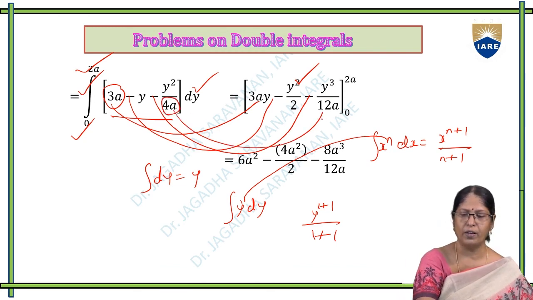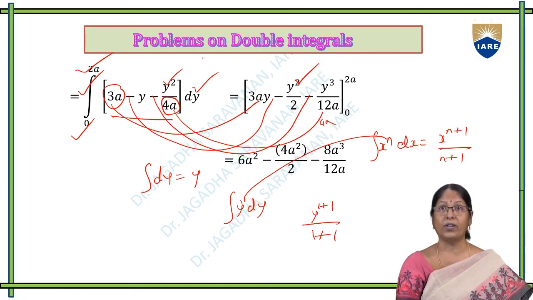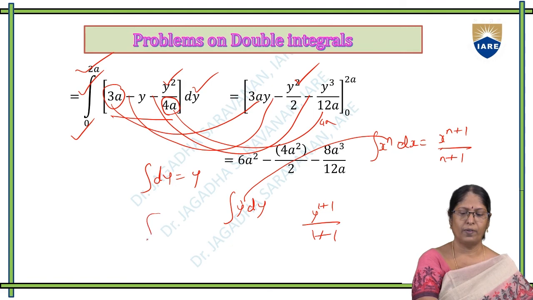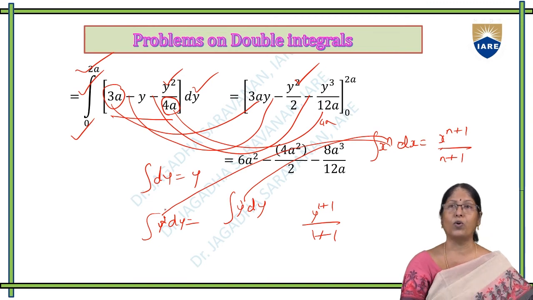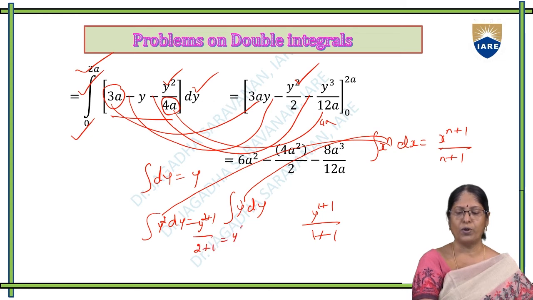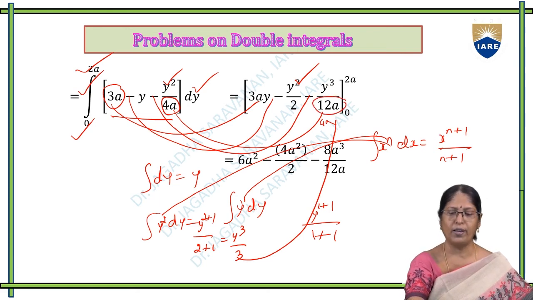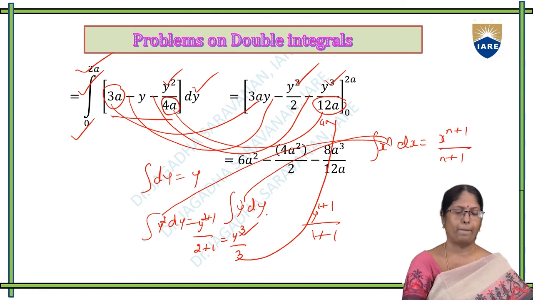Up we have to do the integral y square dy, the same formula. Here n is playing the role 2, so y power 2 plus 1 by 2 plus 1 equal to y cube by 3. This 3 is moving here, so it has become 12a. The top is this y cube.